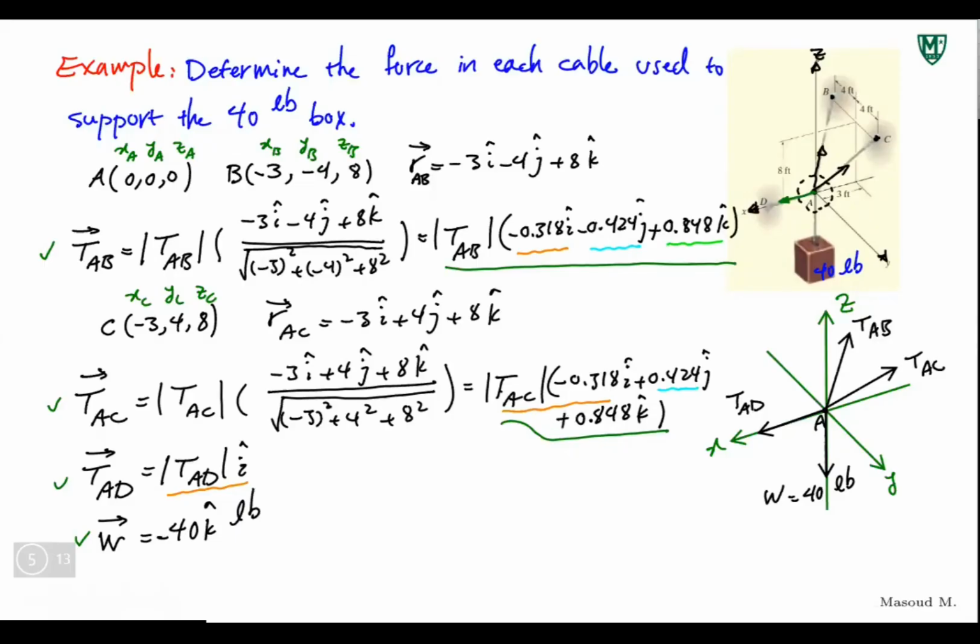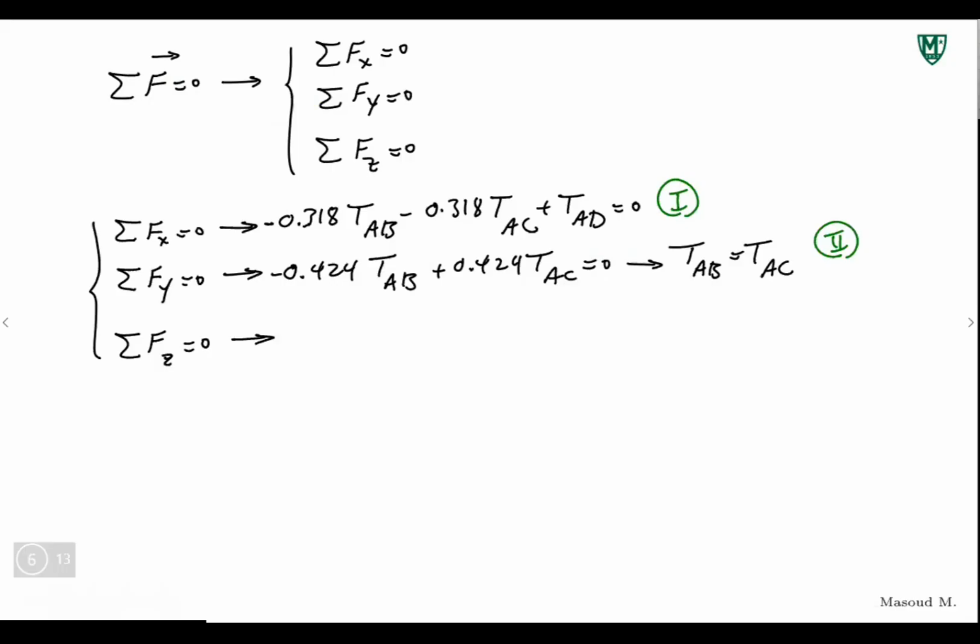This should be 0.848, and the unit vector has the magnitude of 1, can't have 800 as one of the components. So 0.848 TAC, and W also now has a component in Z direction. Nothing comes out of TAD. So I'll go back there and I put all of these together. 0.848 TAB plus 0.848 TAC minus 40 is equal to 0. That would be your third equation.